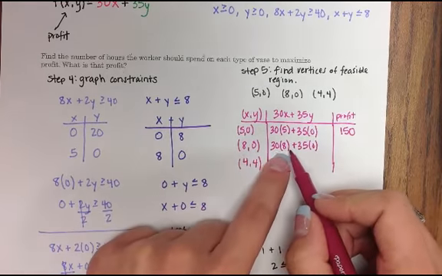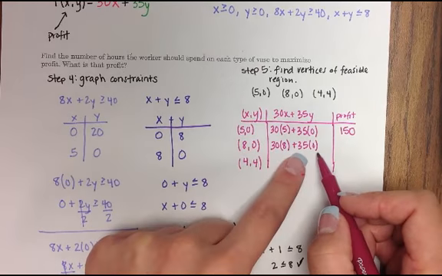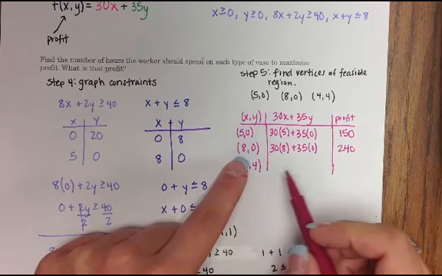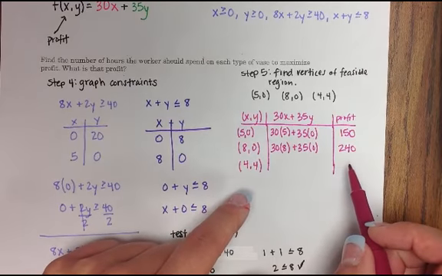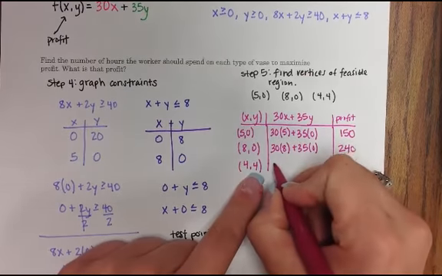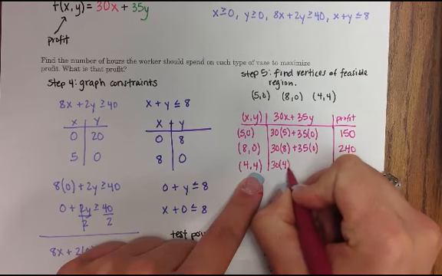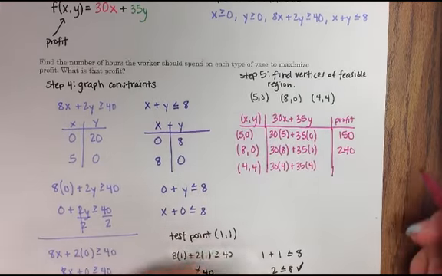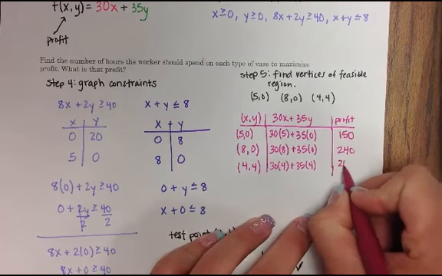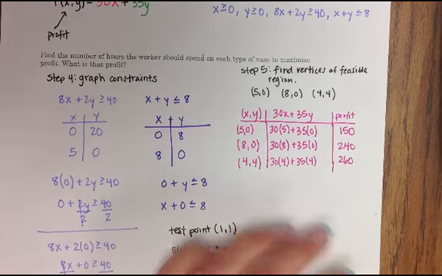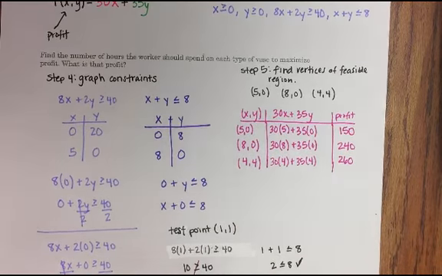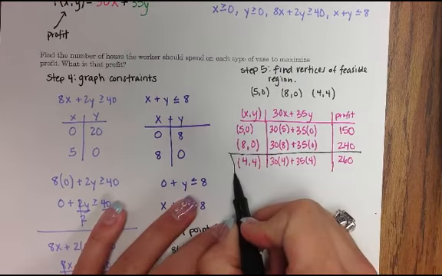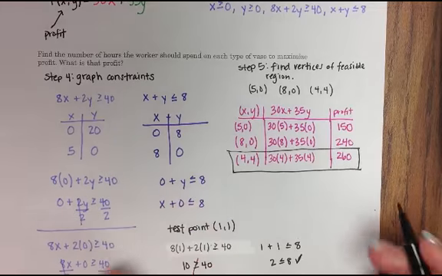So 30 times 8 is 240 plus 0, so 240. So if we made 8 simple vases, we would have 240. And on the last one, we have 30 times 4 plus 35 times 4. So we get a maximum profit of 260. So in order to find our solution, it is going to be the largest number. So our solution is 4, 4, and $260.